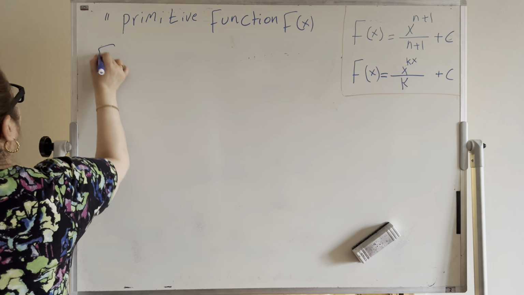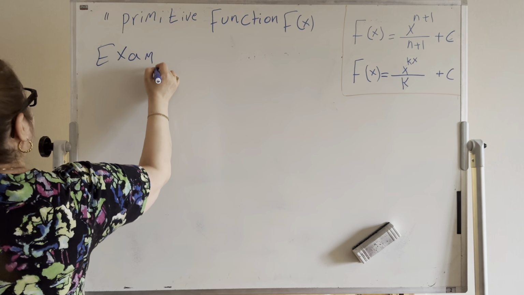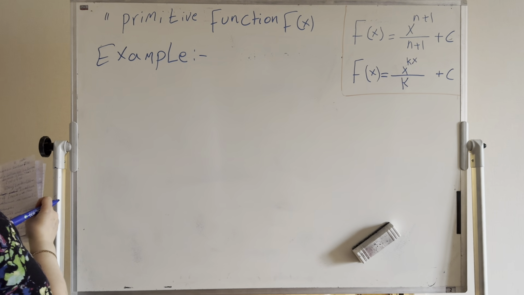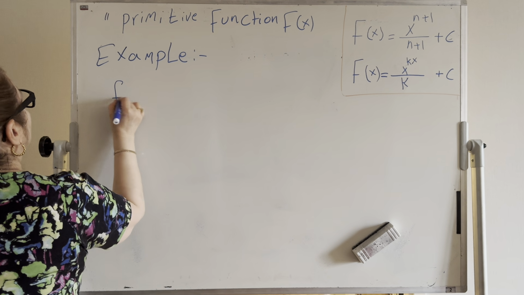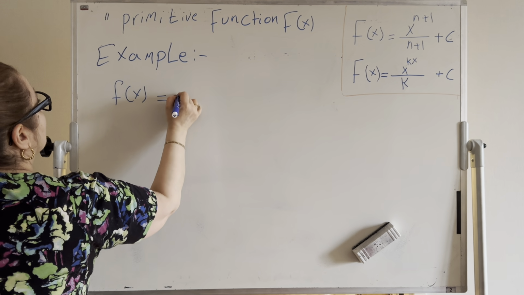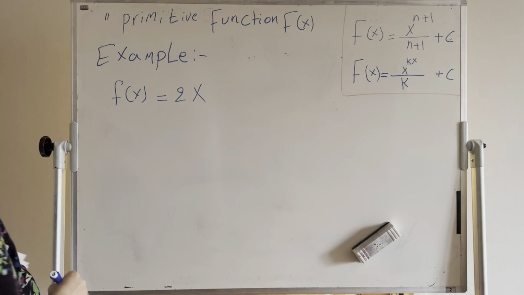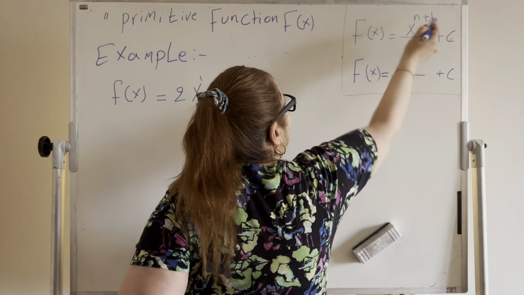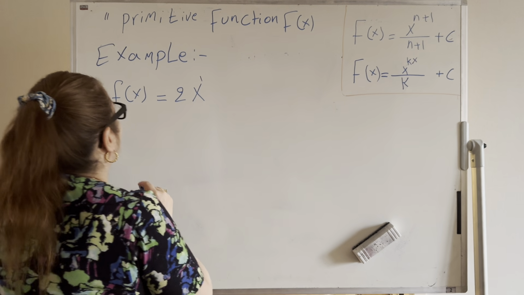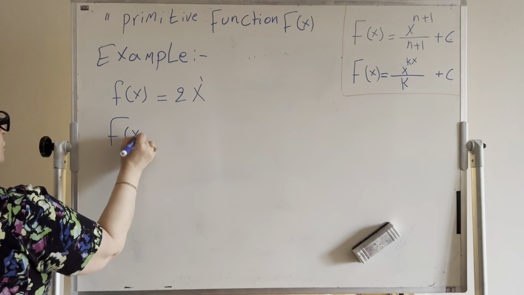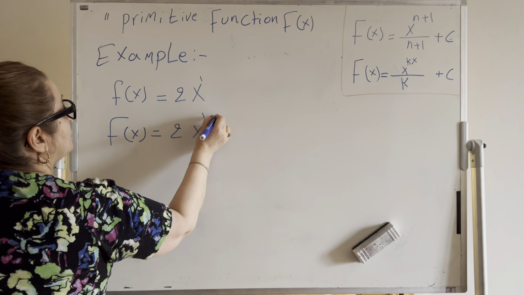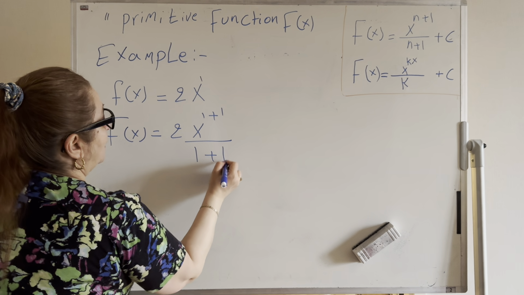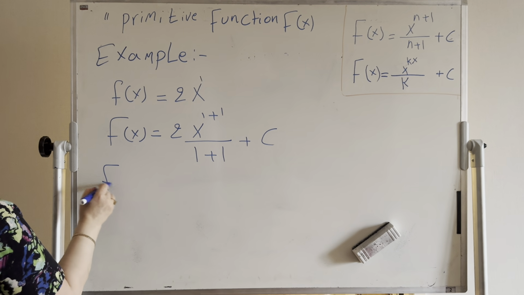Example. f of x equals 2x, and here I have x power 1, n equals 1, plus 1, it will be 2. For the primitive function, 2x power 1 plus 1, which is n plus 1, divided by 1 plus 1, plus the constant.